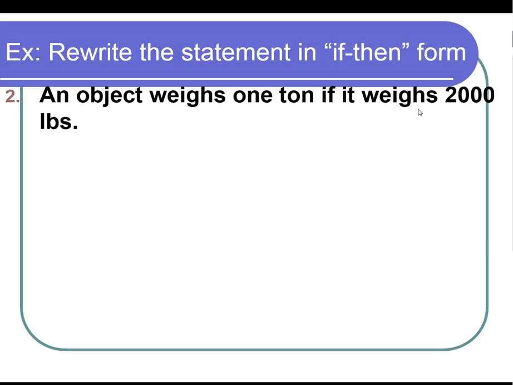This is the part that we're saying is if this, then there's going to be some conclusion. So you'd probably want to use the word object in the hypothesis, so you probably want to say, if an object weighs 2,000 pounds, then it weighs 1 ton, or something like that. Does that make sense? Okay.